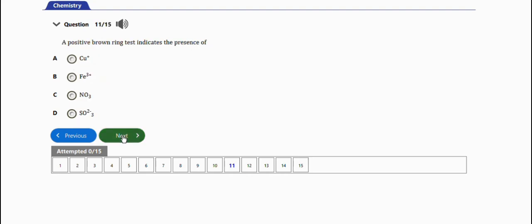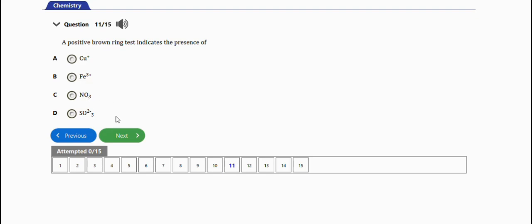Next question says the brown ring test indicates the presence of, so we have it to be not copper ion, it's not iron, it's this one, nitrate.